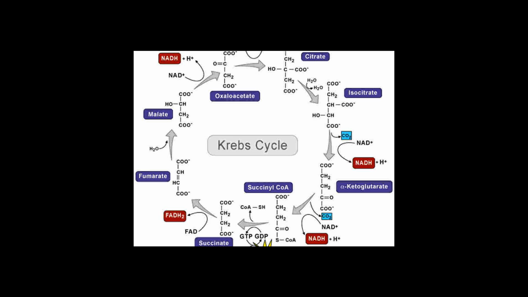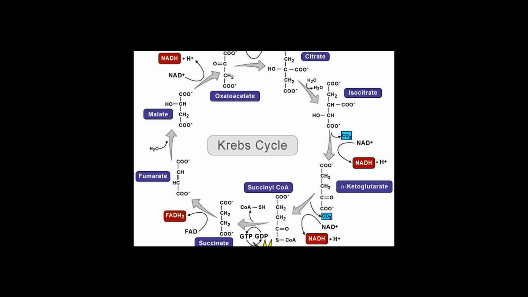The reactions of the cycle also convert 3 equivalents of nicotinamide adenine dinucleotide, NAD+, into 3 equivalents of reduced NAD+, NADH, 1 equivalent of flavin adenine dinucleotide, FAD, into 1 equivalent of FADH2, and 1 equivalent each of guanosine diphosphate, GDP, and inorganic phosphate, Pi, into 1 equivalent of guanosine triphosphate, GTP.